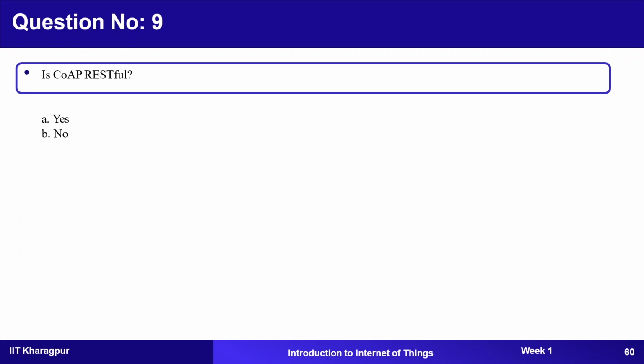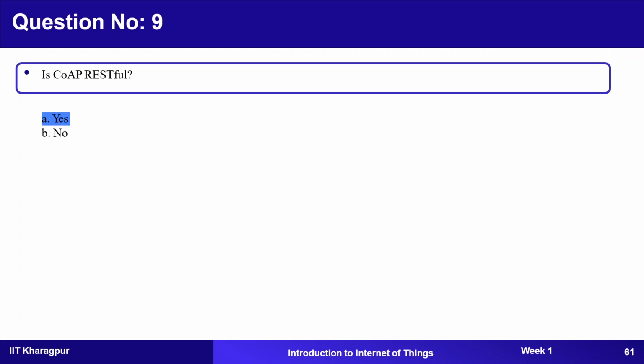Yes, because the main purpose behind the development of COAP was so that IoT devices, which are resource-constrained devices, can use RESTful services. So that's why COAP is RESTful. All the services under RESTful are provided by COAP to the IoT devices.